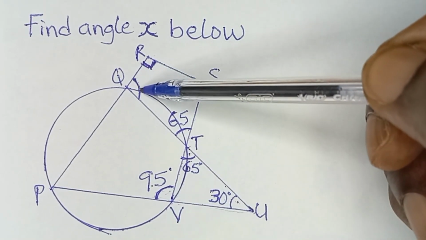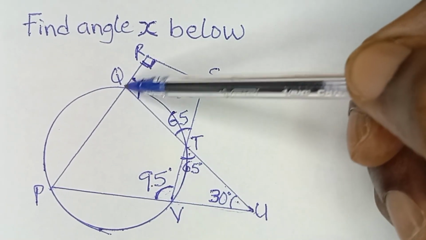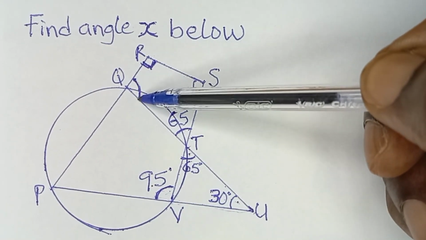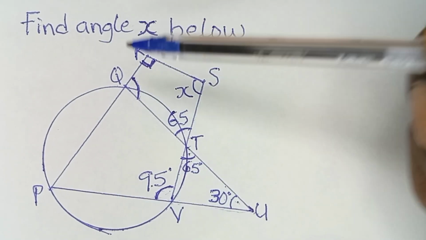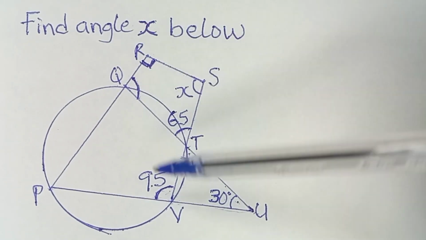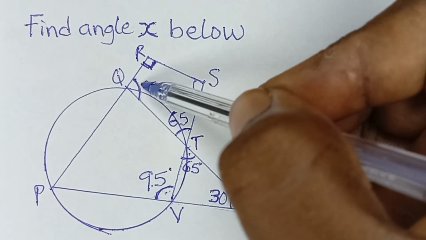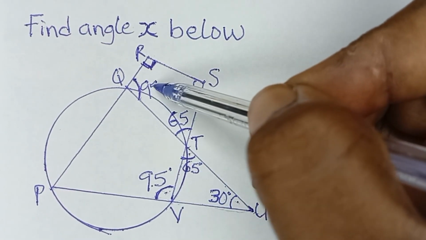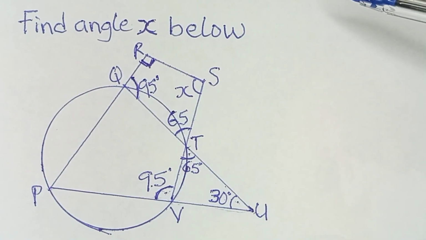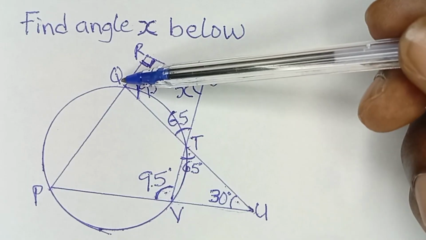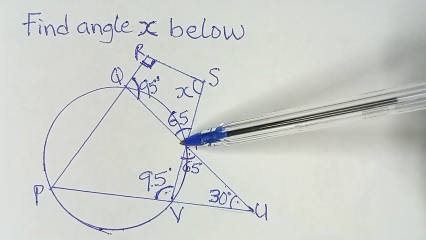So this quadrilateral, this line extends outward to form this exterior angle. The exterior angle of a cyclic quadrilateral is equal to the opposite interior angle. So that means this angle here is 95 degrees.